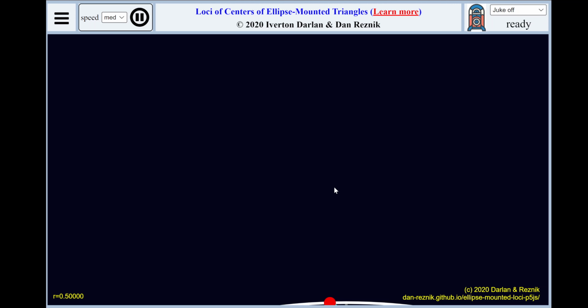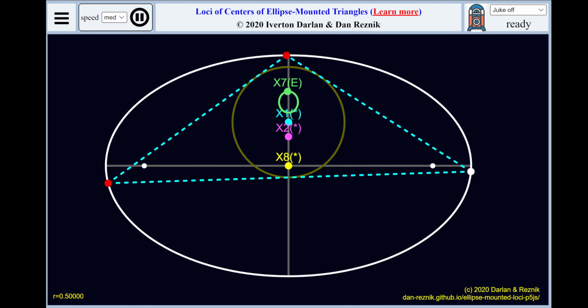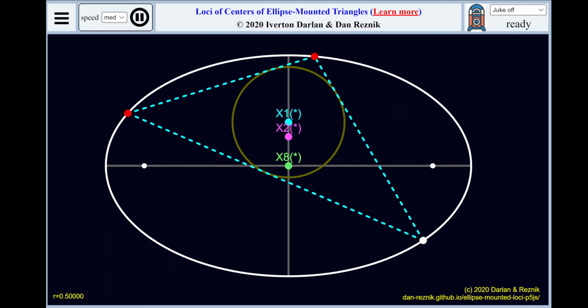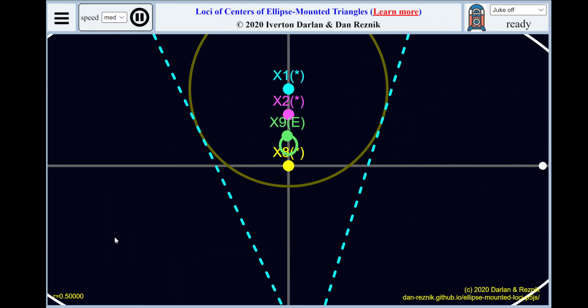Let's look at X7. X7 is also the Gergonne point. So, by the way, X6 is known as the symmedian point. X7, the Gergonne point, is also sweeping an ellipse. X8, as we saw before, is stationary. X9 is also unusual, sweeping an ellipse.